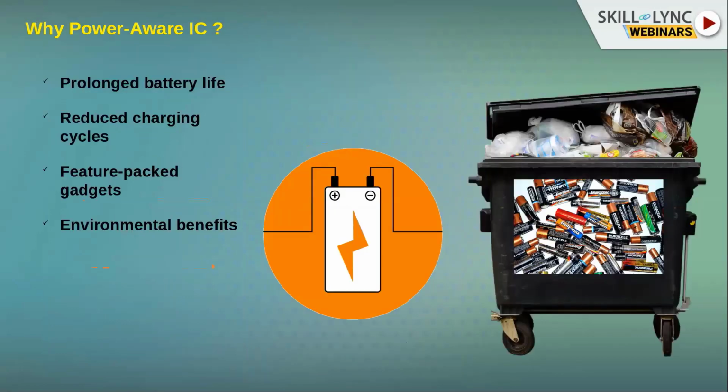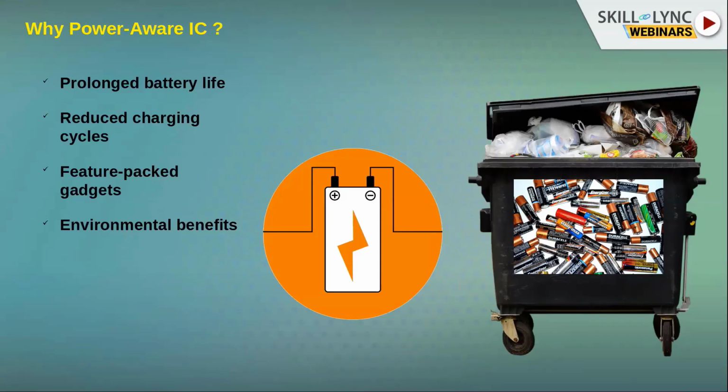If you have a power aware IC, the key points you can understand are that it gives a prolonged battery life. The charging cycles required for each device are reduced, and if the power consumed by each application or each component is lesser, then you can ensure that your gadgets are feature packed.